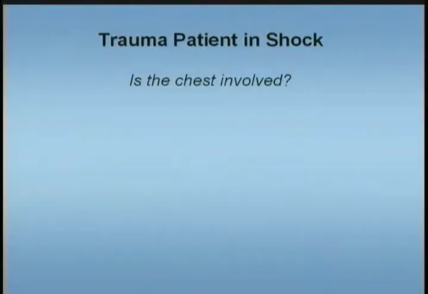So let's review together a little decision tree. Let's cut away from my face now and go to words on the screen. And this is a decision tree that I'm suggesting you follow when you read in a vignette that a trauma patient is in shock. The first question that I want you to ask yourself, and go read the vignette again to find the answer, is: is the chest involved?